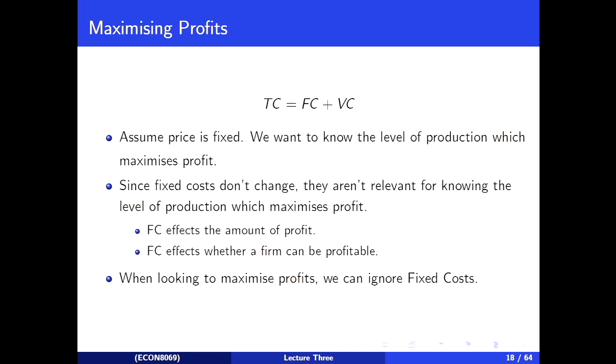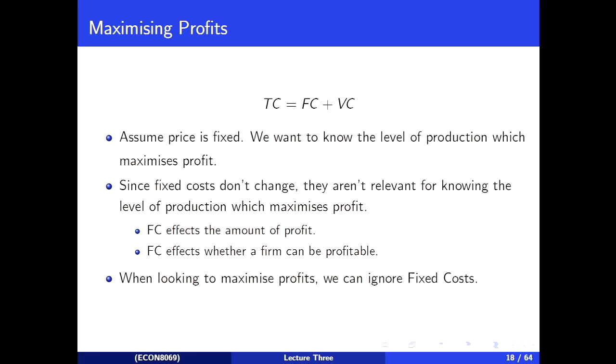Again, say I'm looking at starting a firm, building a factory, producing widgets. Widgets are the standard thing that firms produce in economic theory. I have a variable cost function for my widgets, and I have a big pile of fixed costs to build the factory. Whether the factory costs $10 million or $20 million is going to be very important for how much profit I make, obviously.